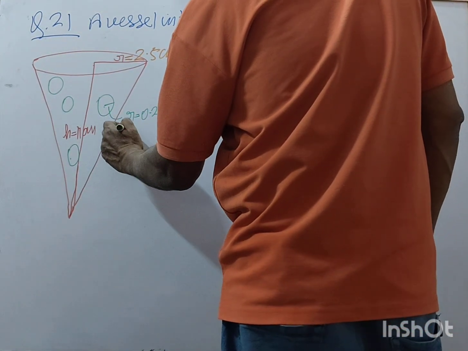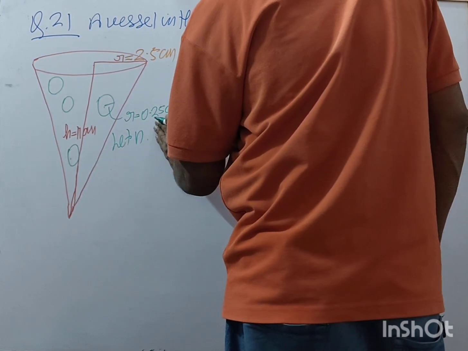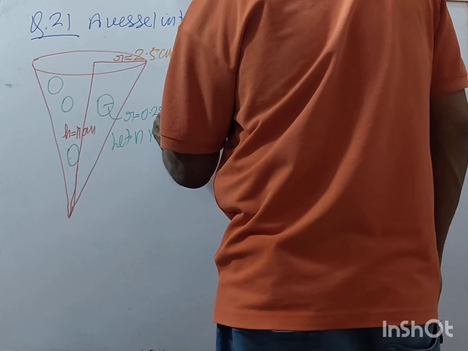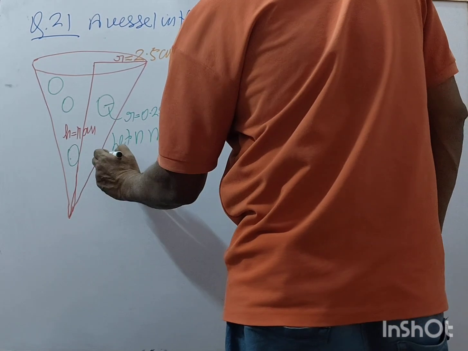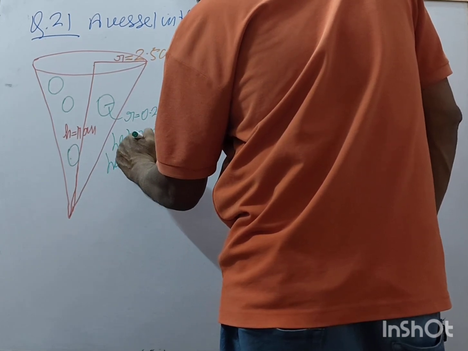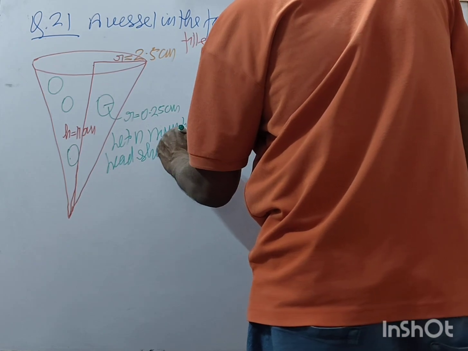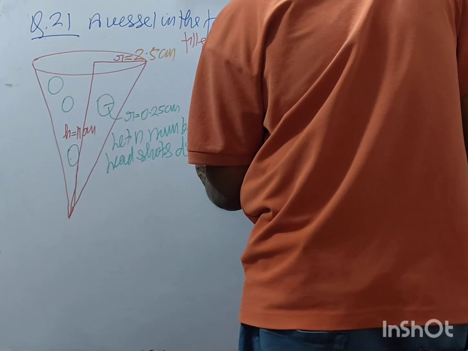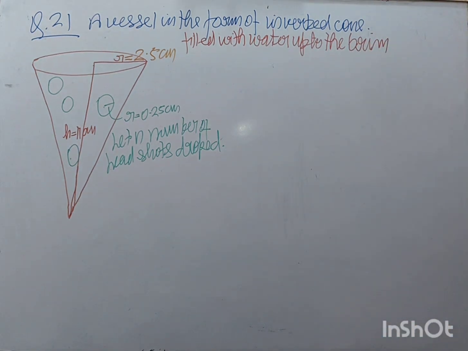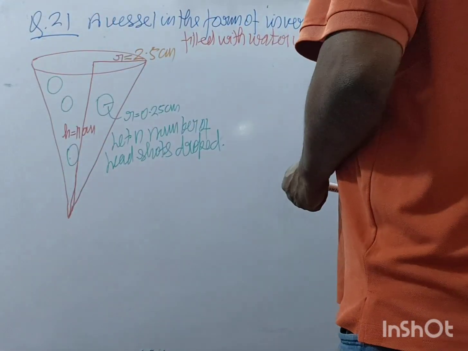So let n be the number of lead shots dropped. When n lead shots are dropped into the vessel, 2/5 of the water flows out.